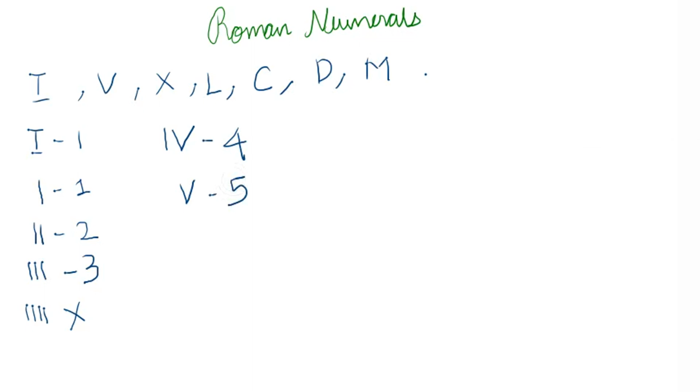With these two comparisons, there is a rule. Your V represents 5, right? Have a look at 4 here. You have I and V. So you have a smaller number in front of a greater number. When we have a smaller number in front of a greater number, what have we done here?